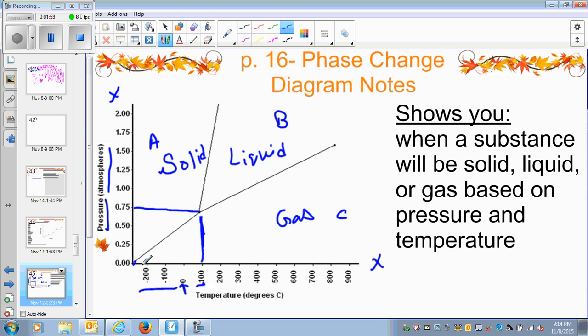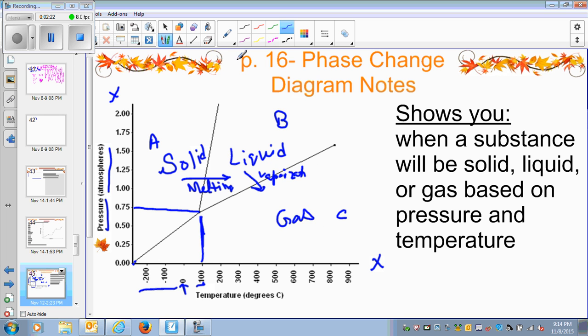So if I increase the temperature and I increase the pressure, the solid is being converted into liquid, so the substance is going through melting. If I keep increasing the temperature, it will go from liquid to gas, which is vaporization.